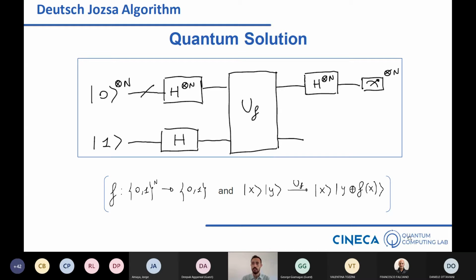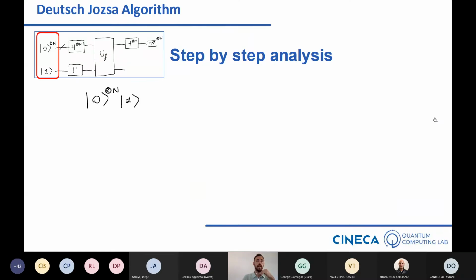Okay, let me go to the chat. Let's try to understand how this algorithm works. Let's do this step-by-step analysis. In the first step, you have the initial inputs.